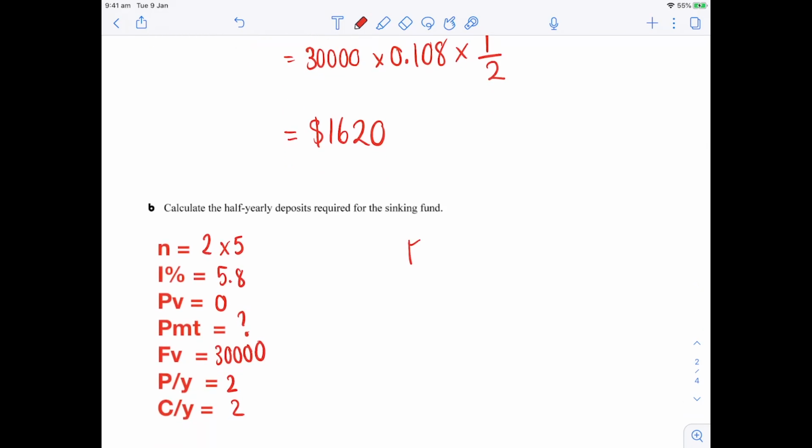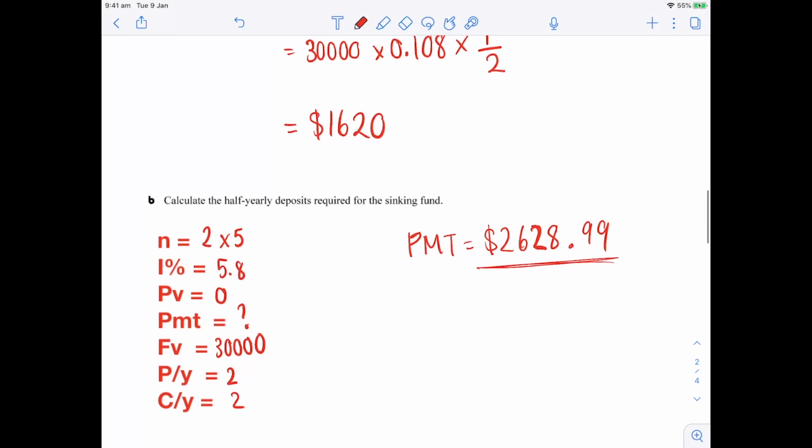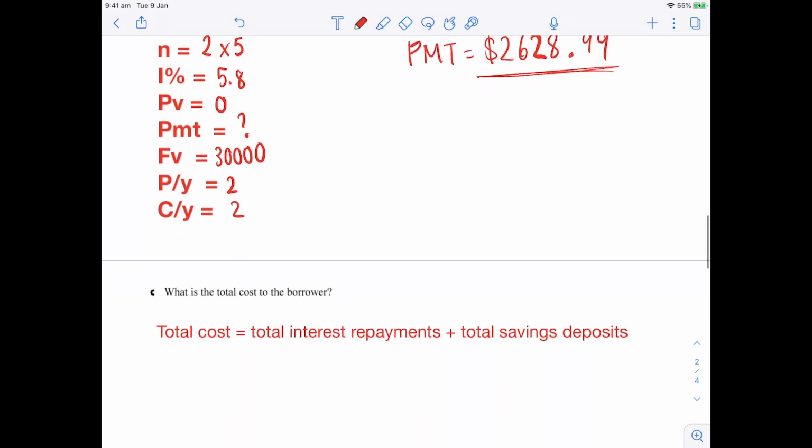And that gives a PMT value of $2,628.99. So every half year, this amount would need to be deposited into the sinking fund, so that savings account.